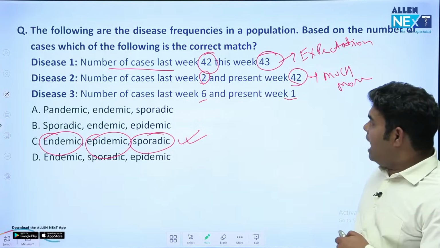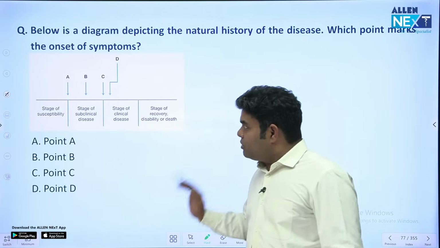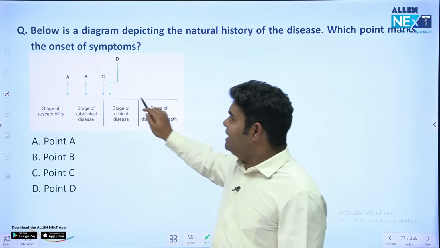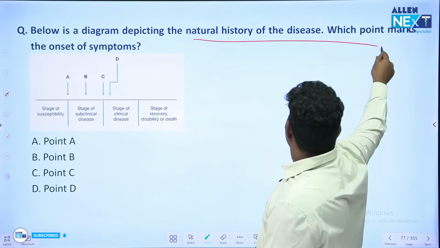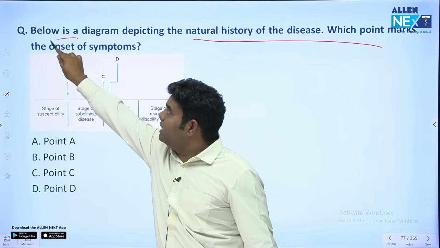Endemic, epidemic, sporadic. In this question, they have given A, B, C, D as 4 pointers. And they are asking that in the natural history, which point marks onset of symptom?